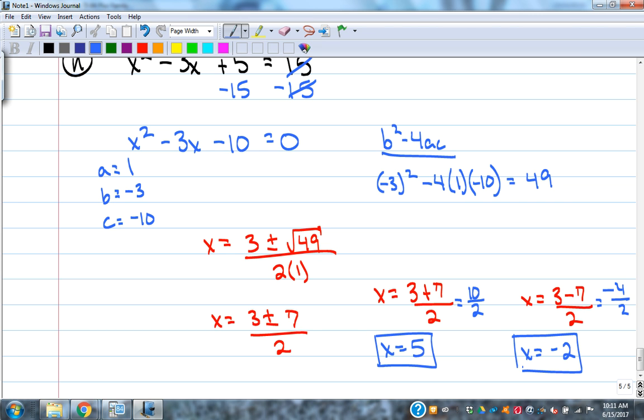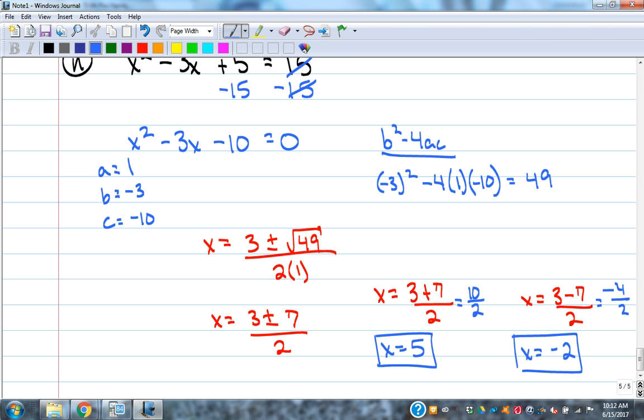And we get two real answers there. We don't have to get decimal approximations because there wasn't a square root left over when we simplified that square root. Okay? So that one could have been solved by factoring, but we can still solve it by quadratic formula. That's the great thing about quadratic formula, that it's always going to work whether it factors or not.